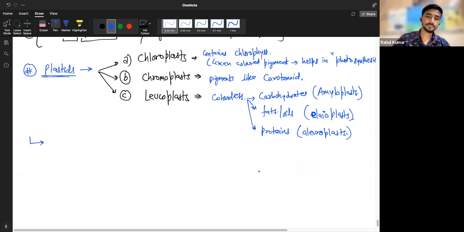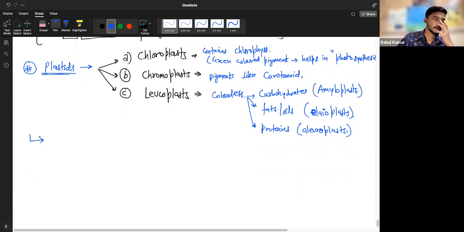Now let's come to plastids. Write down. Plastids are present in all plant cells, and also they are present in euglenoids, euglena. You know euglenoids?